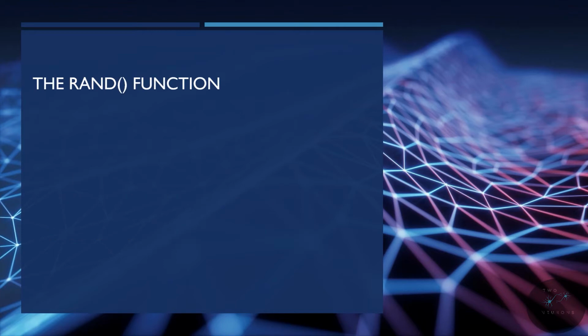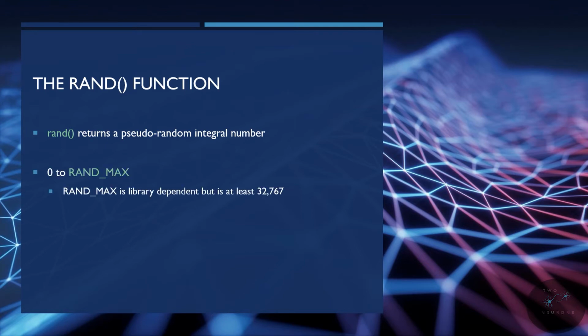So how do we get a random number? Well, we use the rand function. The rand function generates a pseudo-random integral number. This number ranges between 0 and RAND_MAX. Now, any green word you see in this video is a keyword that can be used in your programming.